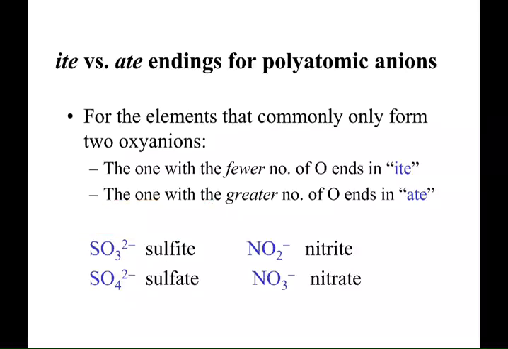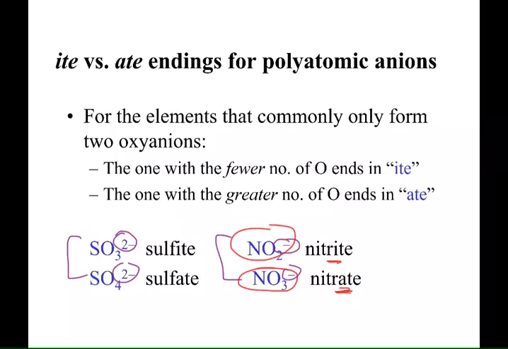Another series is nitrogen, which can have different numbers of oxygen atoms. The one that has more oxygen atoms, NO3 -1, ends in -ate, and NO2 -1 ends in -ite. Notice that, and this is always going to be the case in corresponding series, they have the same charge, so that's nice.